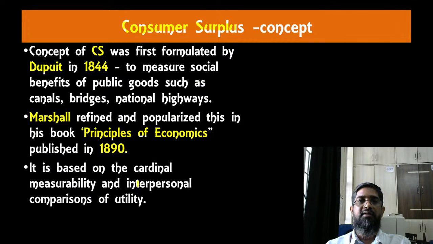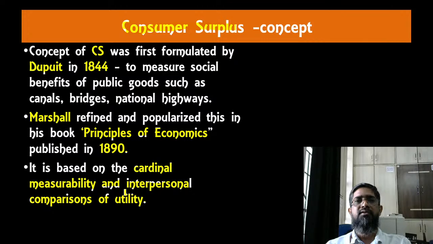On that assumption, consumer surplus was developed. So it is based on the cardinal measurability of utility and the interpersonal comparison of utility between two persons.